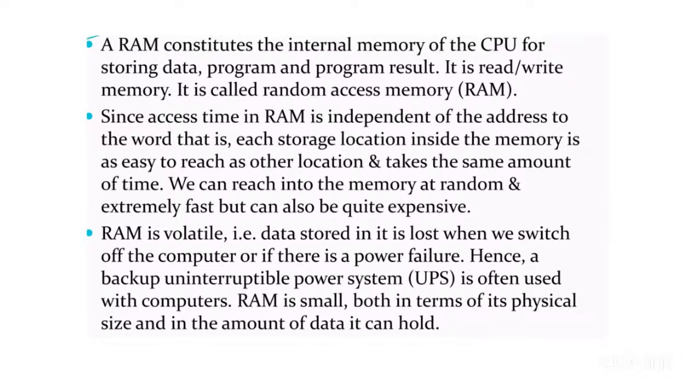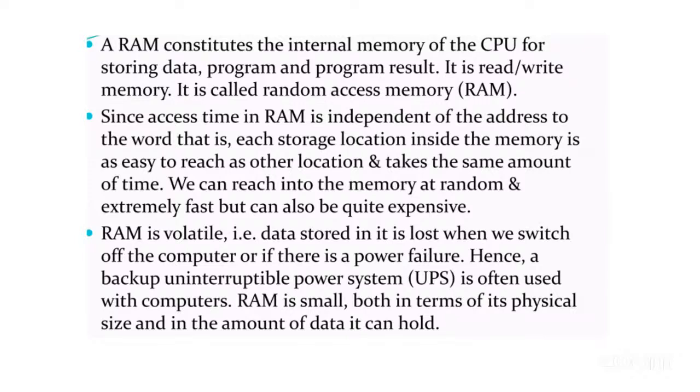It is called random access memory since access time in RAM is independent of the address of the word, that is, each storage location inside the memory is as easy to reach as any other location and takes the same amount of time. We can reach into the memory at random and extremely fast, but it can also be quite expensive.